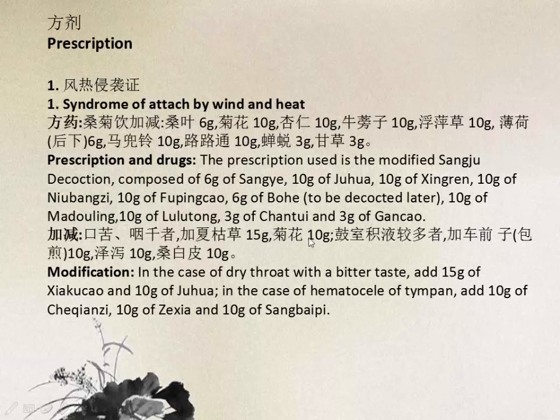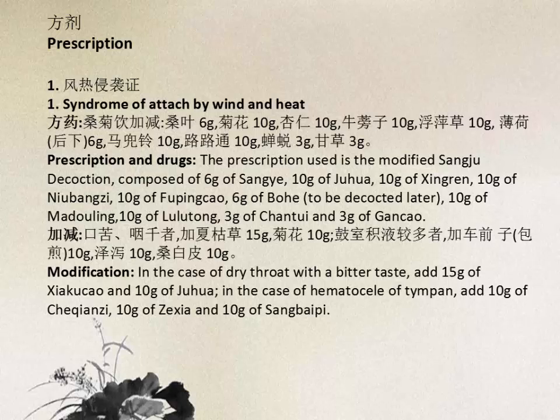Now, Chan Tui is really important for the symptoms here. It is one of the herbs being added here for the tinnitus, right? And if you notice, it's modified, right? Okay.